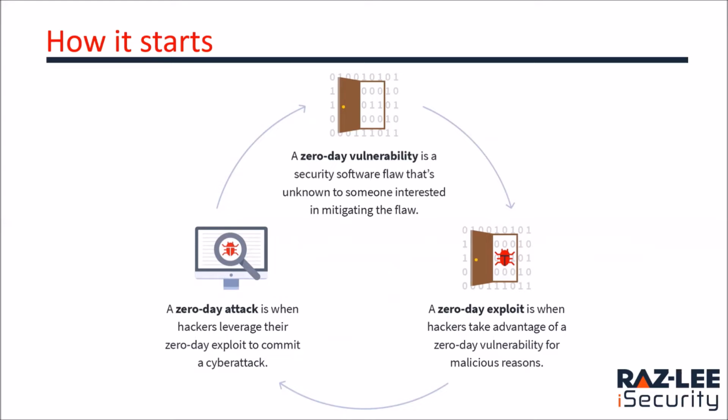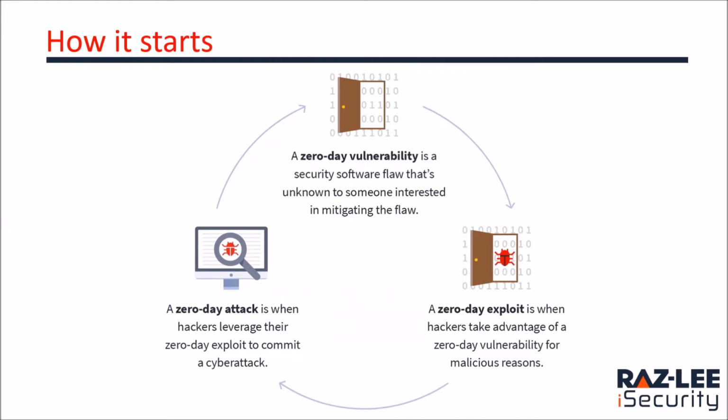If we start at the top, we have a vulnerability. It's a flaw in the software and it's unknown. So it's not possible to mitigate the flaw because the software producer doesn't know that this flaw exists.